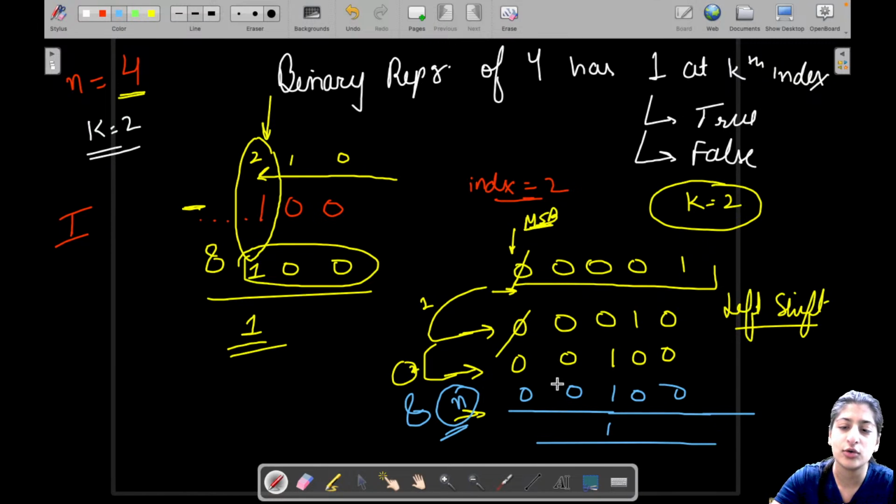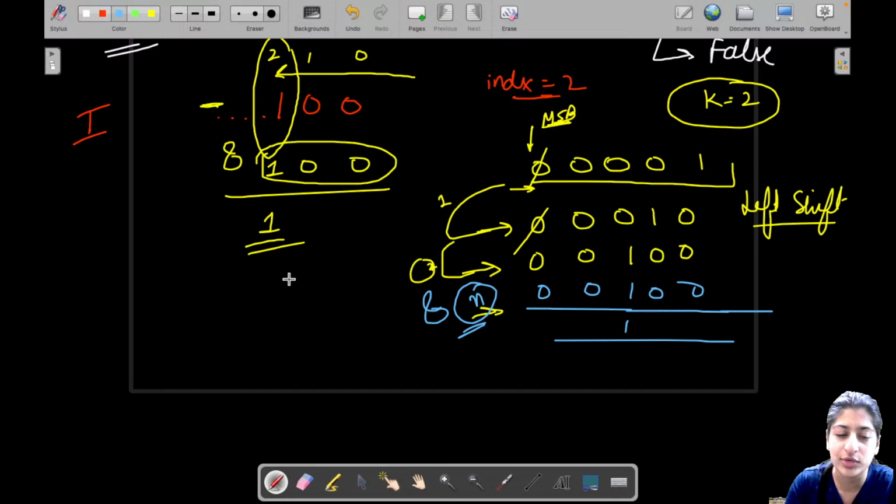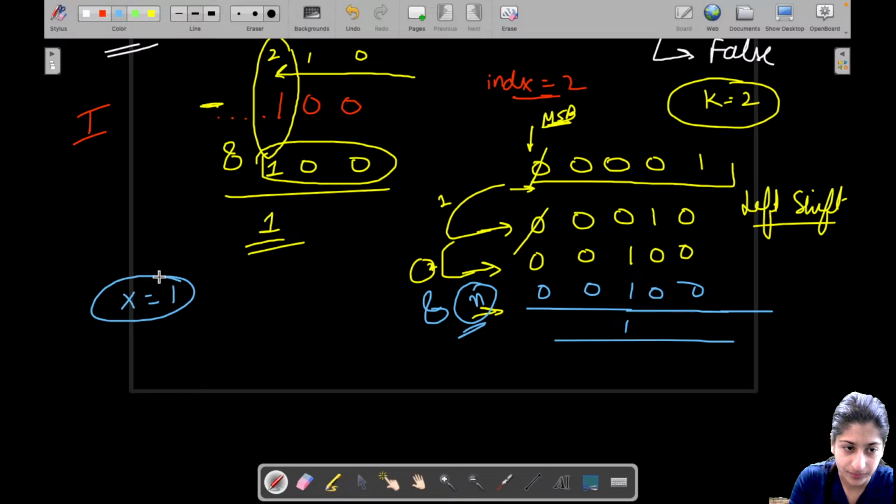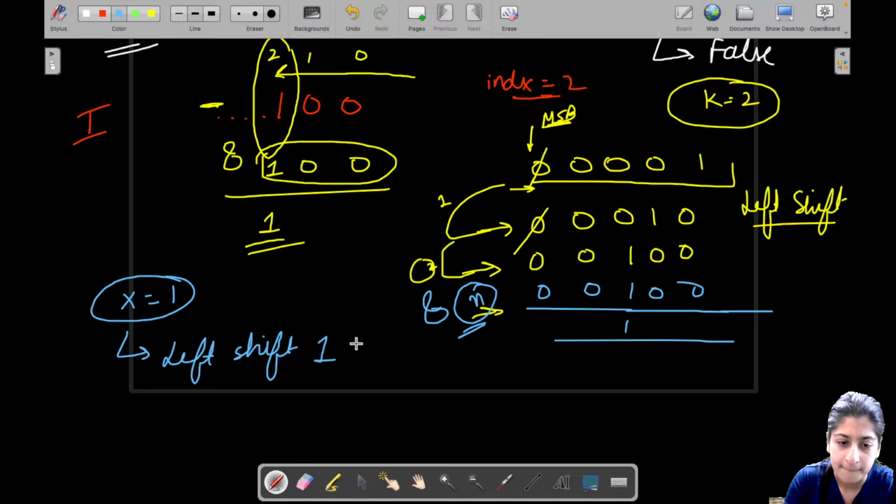What was the idea of doing this? What was the intuition? So the intuition behind this was, when I took a number, your x is 1, I am doing left shift on 1 by k positions, k times. Why am I doing so?